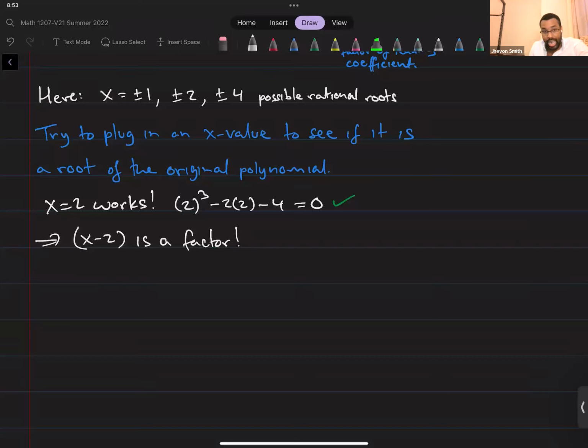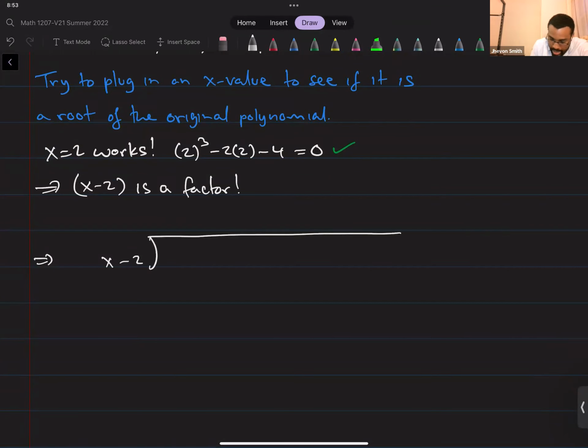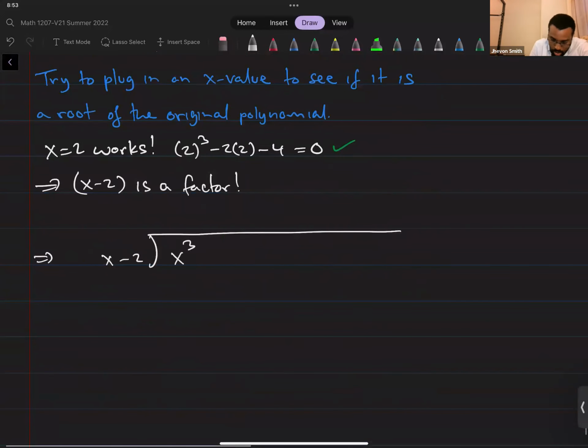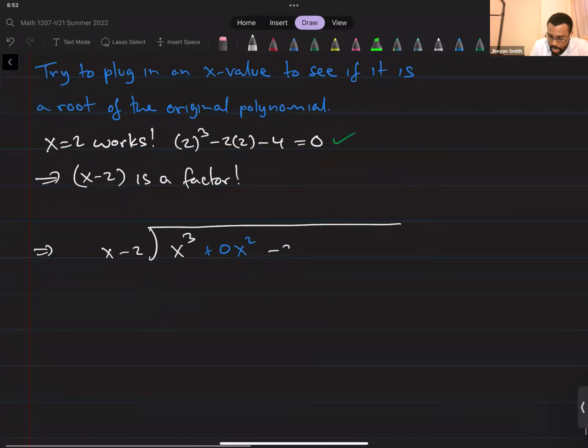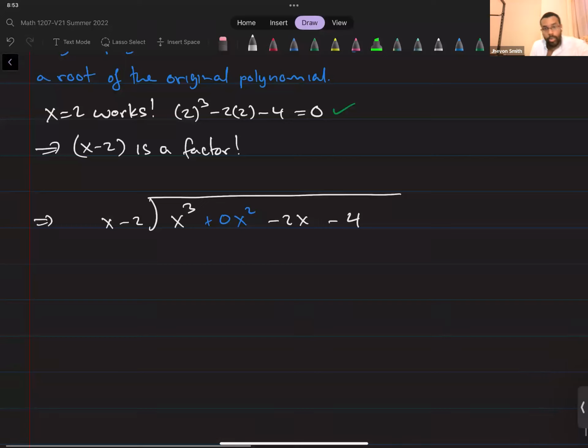And so x minus 2 must divide into this polynomial evenly. So we're going to take x minus 2 and divide that into this cubic: x cubed plus 0x squared minus 2x minus 4. And because this is a factor, when you divide it, you should get a remainder of 0.